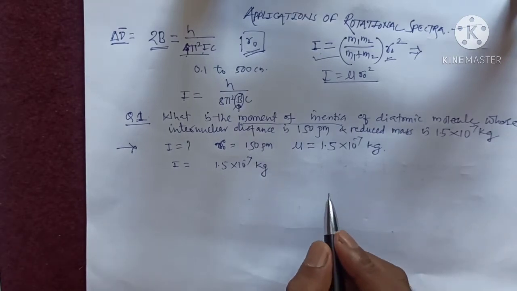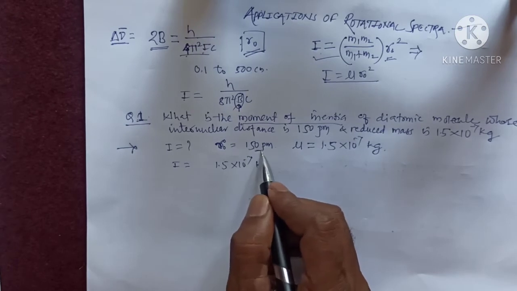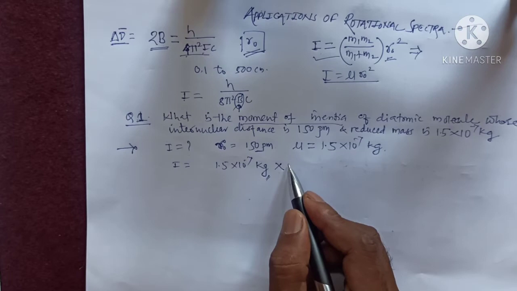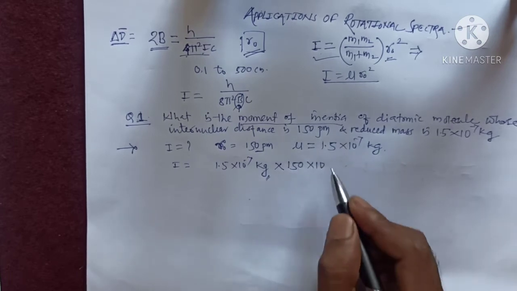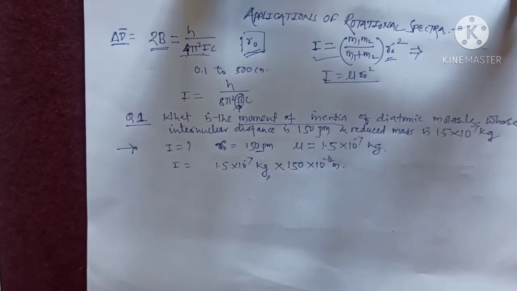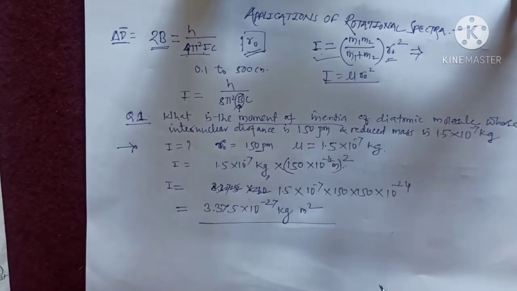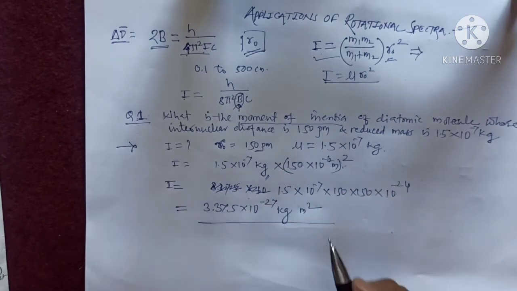Now if you take this value in SI units, the other quantity should also be considered in SI units, and this will be 150 into 10 raised to minus 12 meter, squared, giving I in kilogram meter square. Okay, now this is the first problem, a simple problem, to determine the value of the moment of inertia.